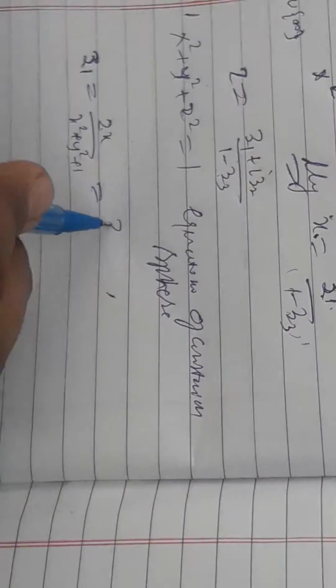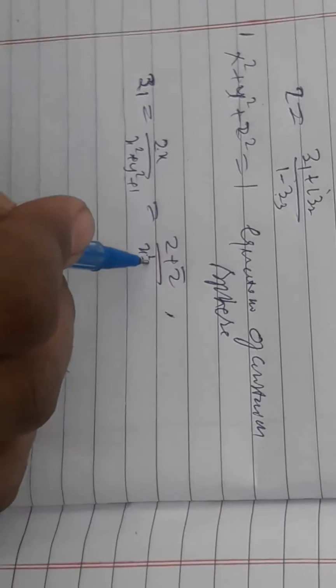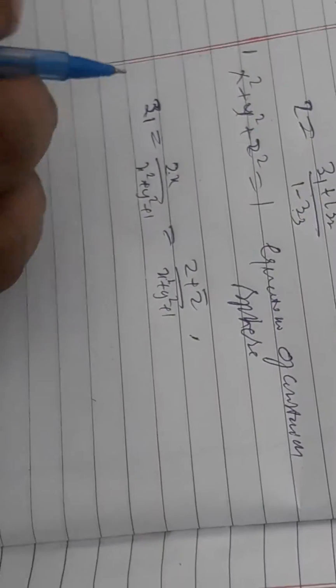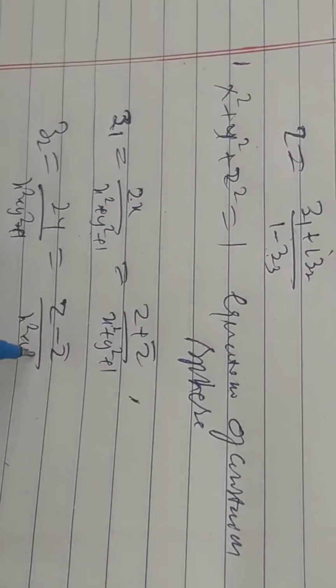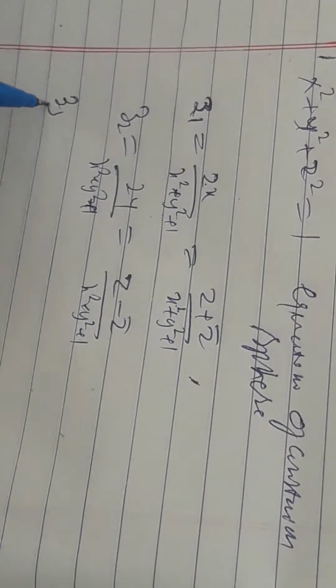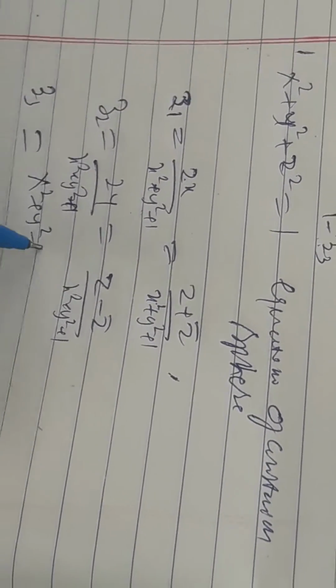This can also be written as z plus z conjugate upon x square plus y square plus 1, and xi2 can also be written in terms of the conjugate upon x square plus y square plus 1, and xi3 can also be written similarly.